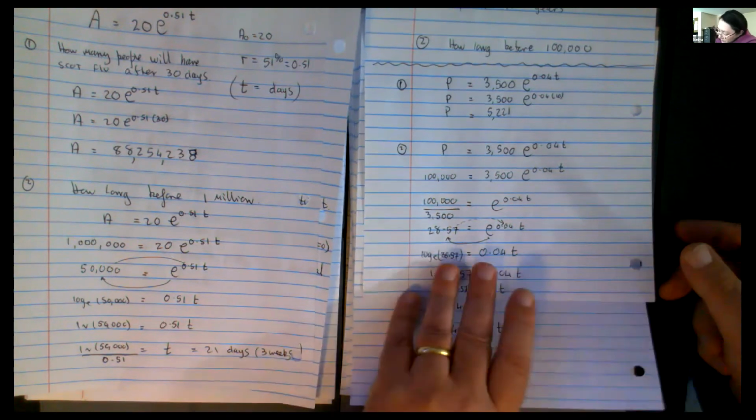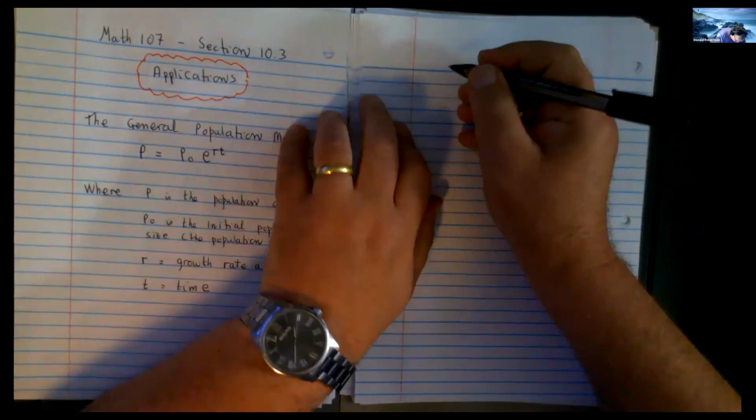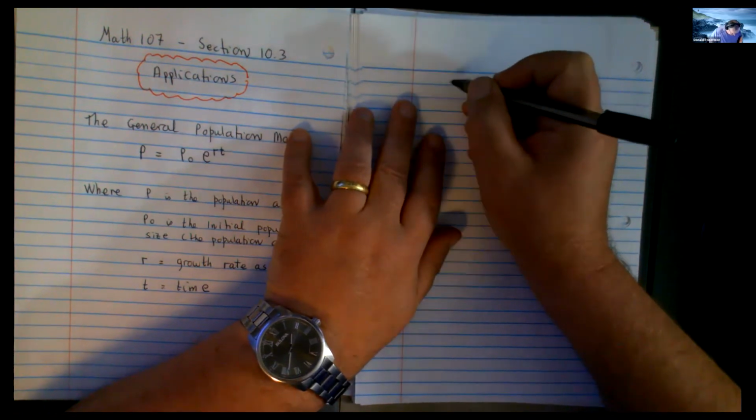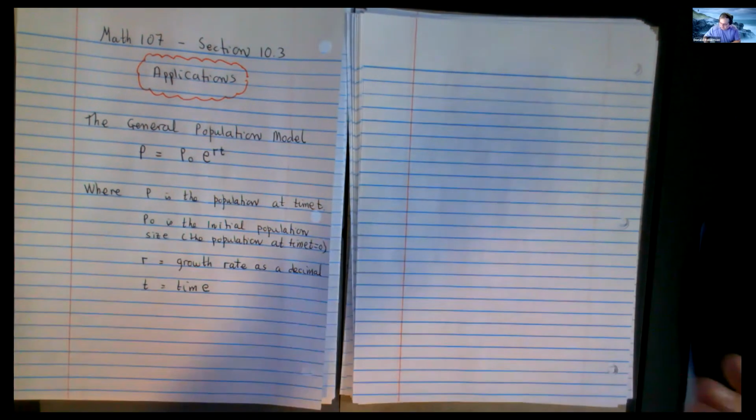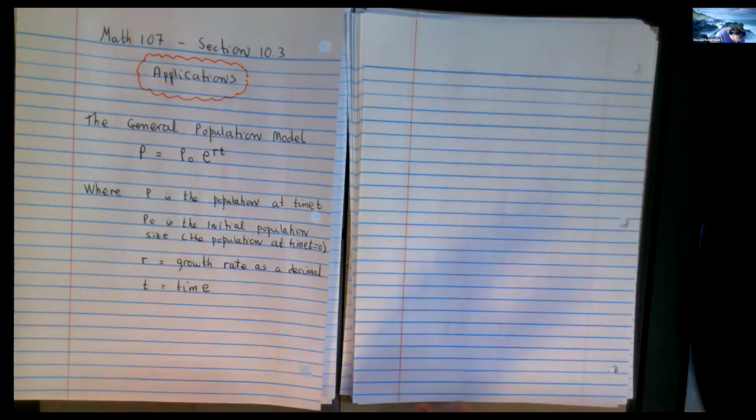Right. So next is essentially the same question, but this is a population growth model. What happens when, instead of something increasing, getting bigger, a growth model, the population actually declines? And what does that look like?